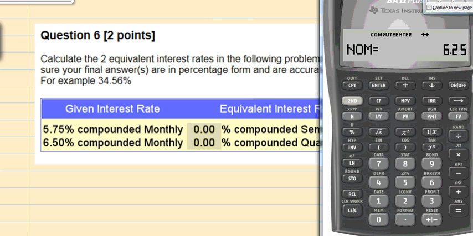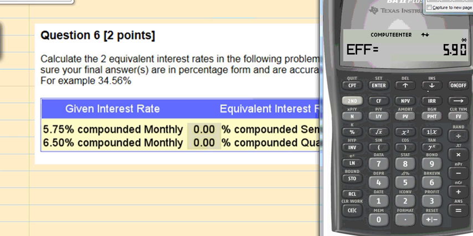So the nominal rate is 5.75, and that's nominal, so enter. Compounded monthly, so we'll go to compounded monthly, that's 12, enter, and you're looking for effective, compute, and then we want to find compounded semi-annually nominal.